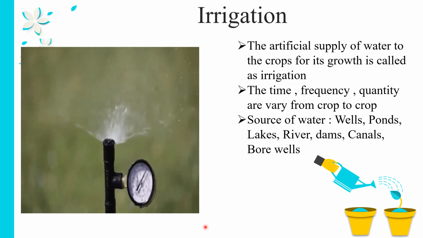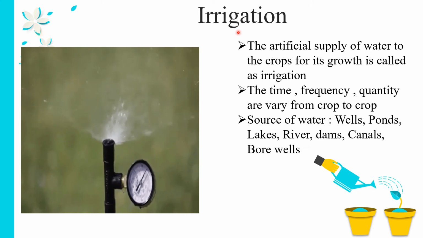We know a plant also requires water for its proper growth, and the method of providing water artificially is called irrigation, because the farmers cannot rely only on the rainfall for the growth of crops and for a successful harvest.